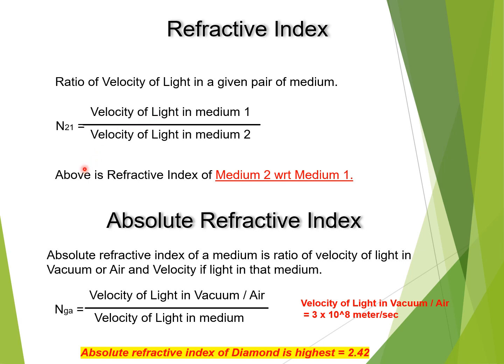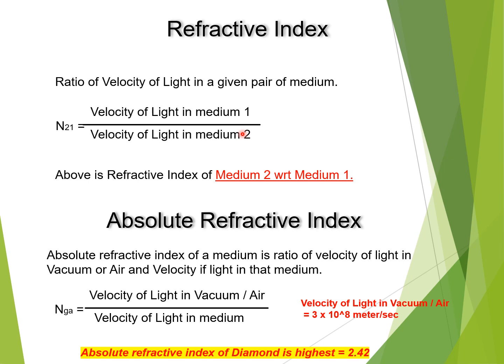So if we ask what is the refractive index of medium 2 with respect to medium 1? Please be careful here. Refractive index of medium 2, we'll write first here. With respect to medium 1, we'll write it here. Then velocity of light in medium 1 here divided by velocity of light in medium 2.